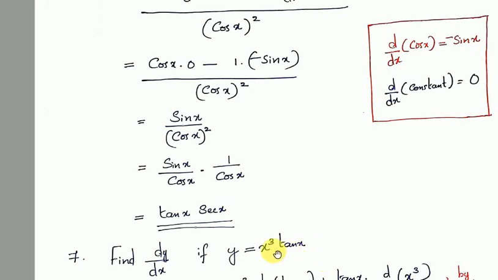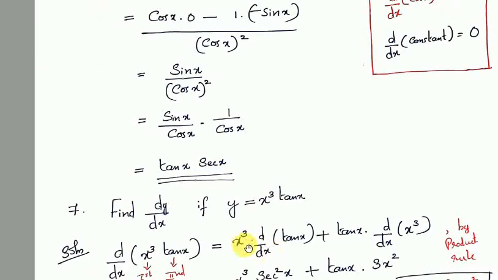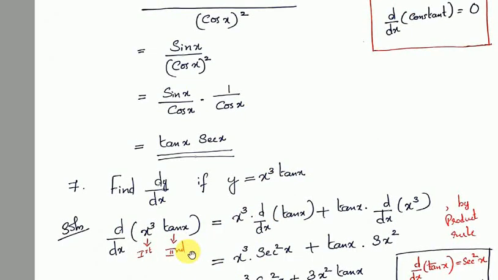It is the product of two functions, so we have to find its derivative using the product rule: first function into derivative of second plus second function into derivative of first.